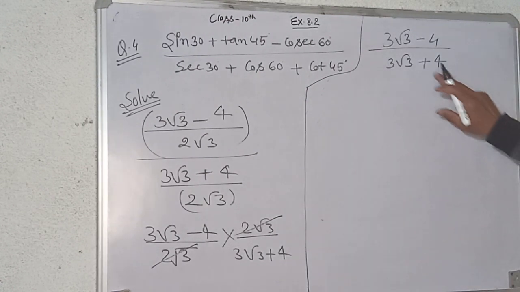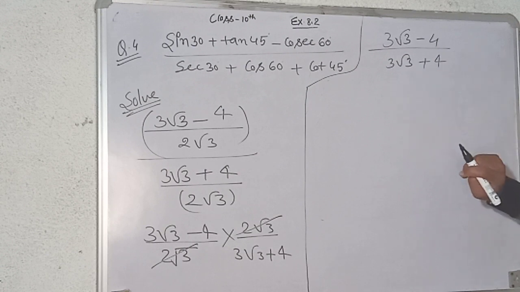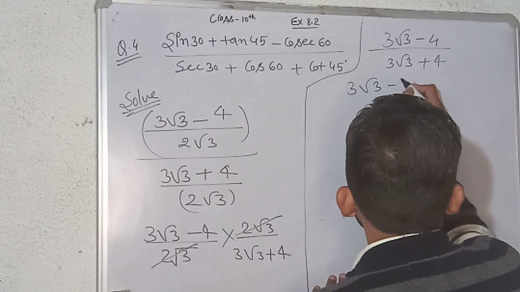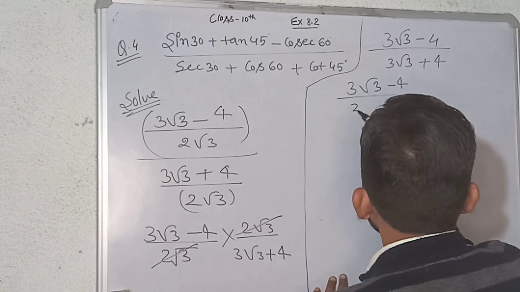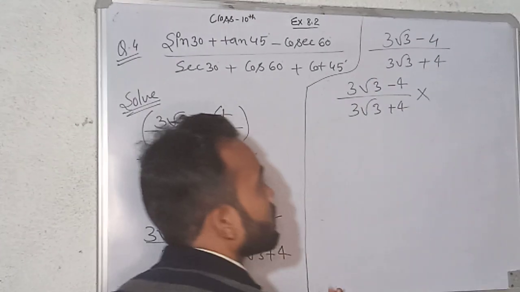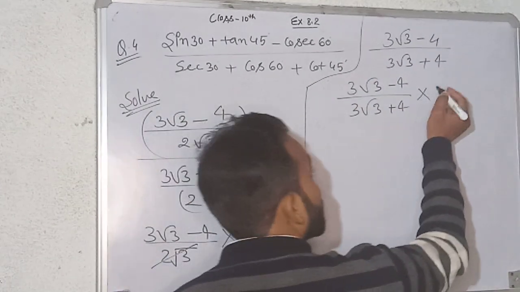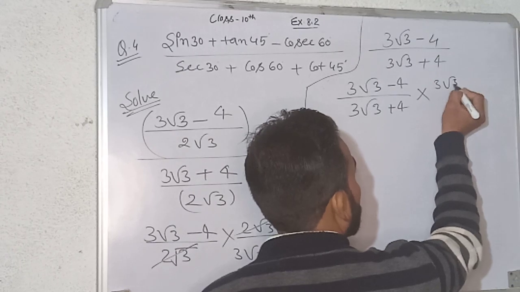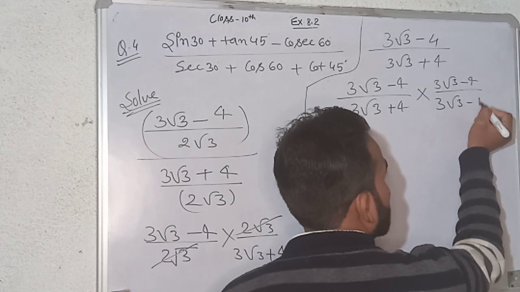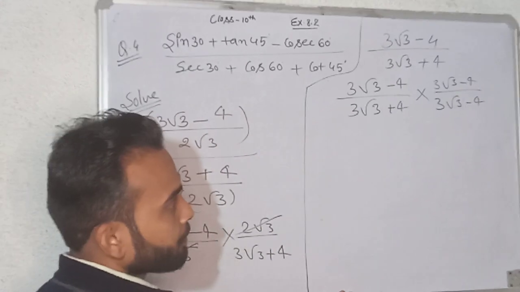We have to rationalize this. Multiply 3 root 3 minus 4 upon 3 root 3 plus 4 by 3 root 3 minus 4 upon 3 root 3 minus 4. Clear?